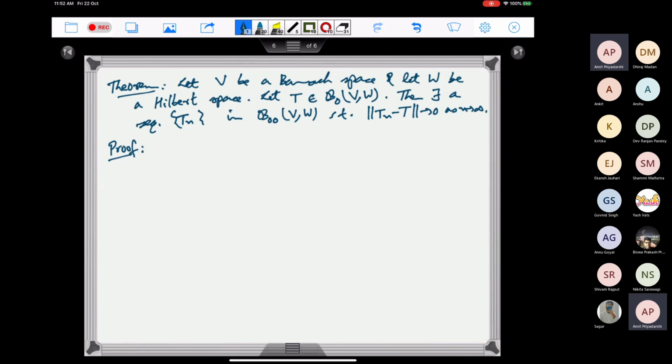So what we do is, let B be the closed unit ball of V. So then we use that T is compact.